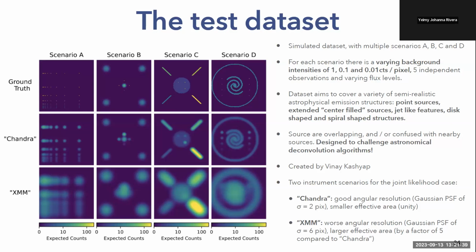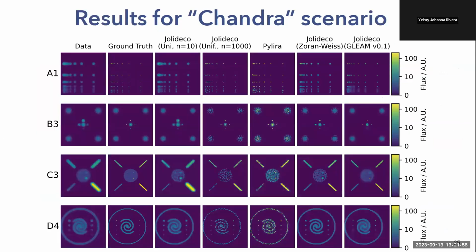This is about 6 pixels of Gaussian sigma. In addition, Chandra has a smaller effective area, of unity in this case, and the XMM case has a larger effective area by a factor of 5 compared to Chandra. This is to test the joint likelihood scenario. So these are some results just for the Chandra scenario.